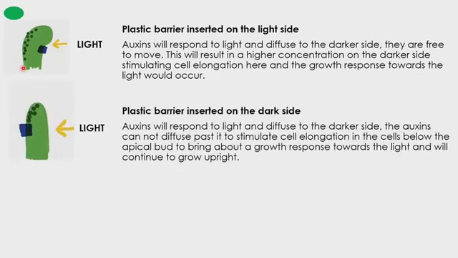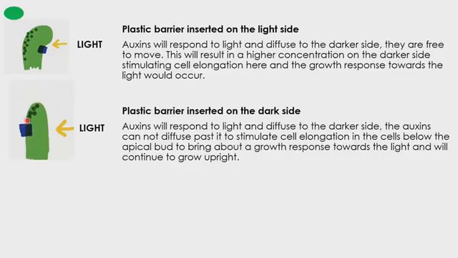Right, then let's have a look at a different scenario where we've placed the plastic barrier on the dark side. Yet again, we've got uniform light coming in from the right-hand side towards the left, and the auxins are diffusing towards the dark side of our plant. However, this is the coleoptile's apical bud, and these auxins can no longer diffuse past the mica barrier, or the plastic barrier, and they're just stuck there.